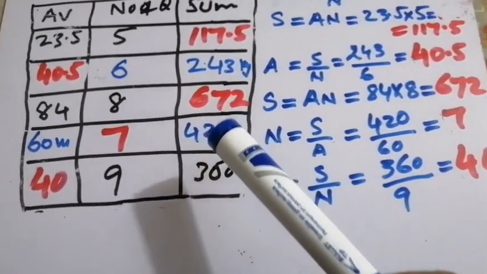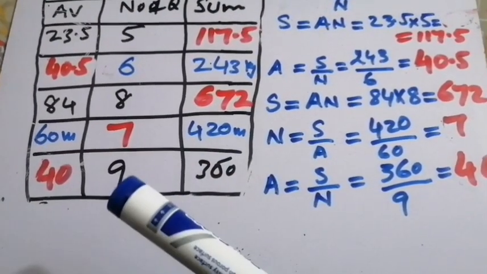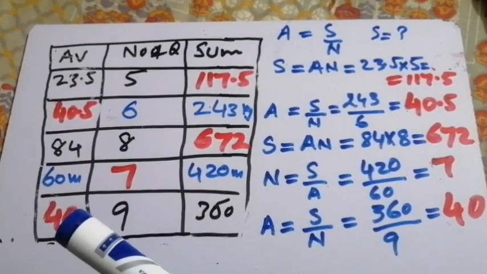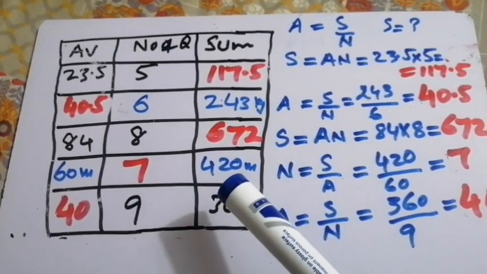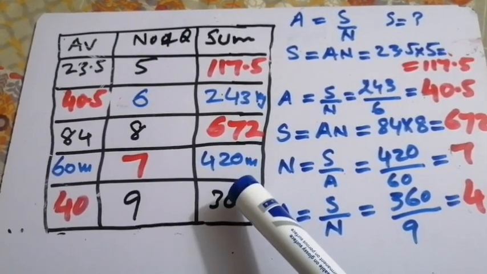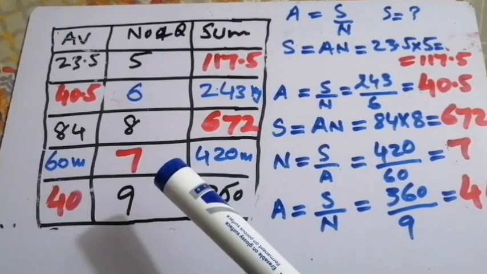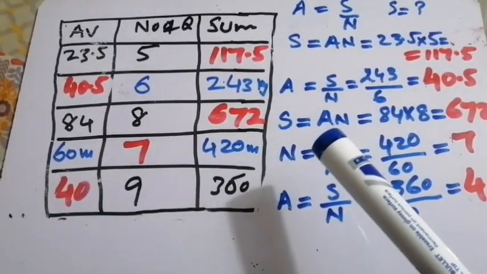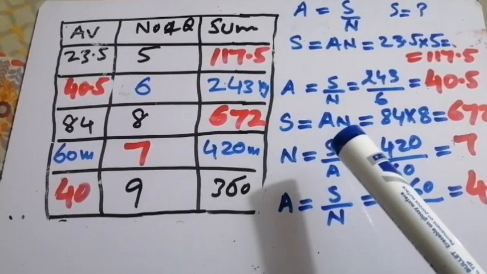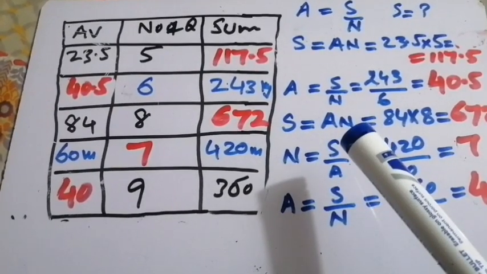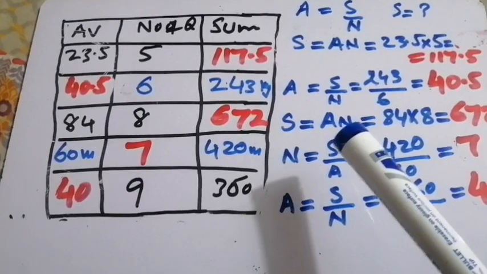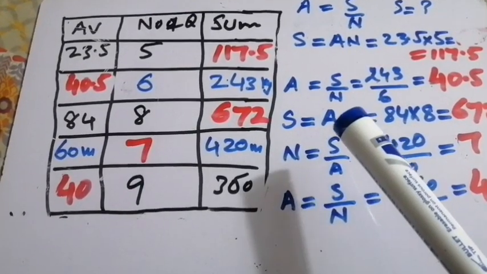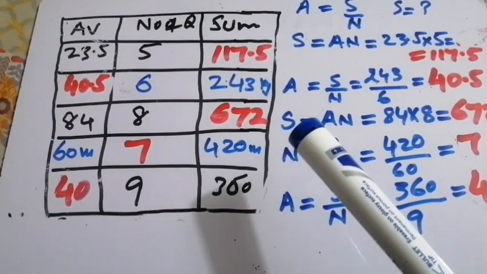In the same way, here the average is given as 62 and the sum is given as 420. We have to find out N. If we want to calculate N, we divide by A on both sides to eliminate it.